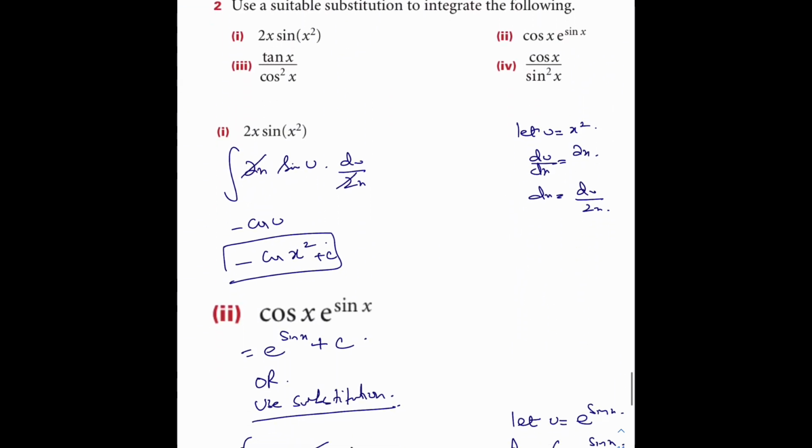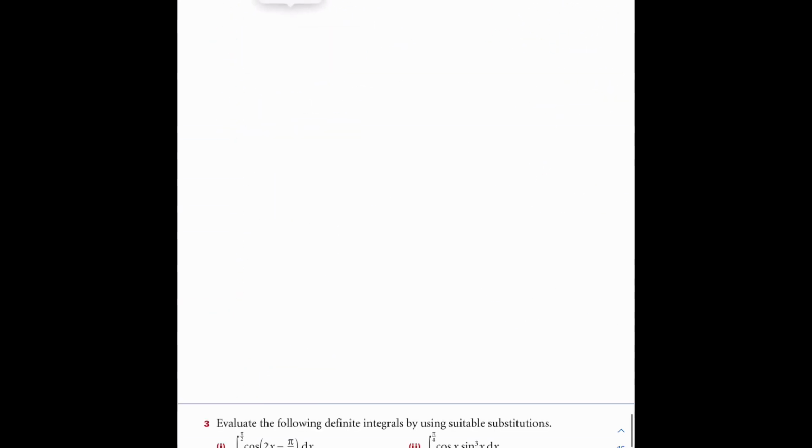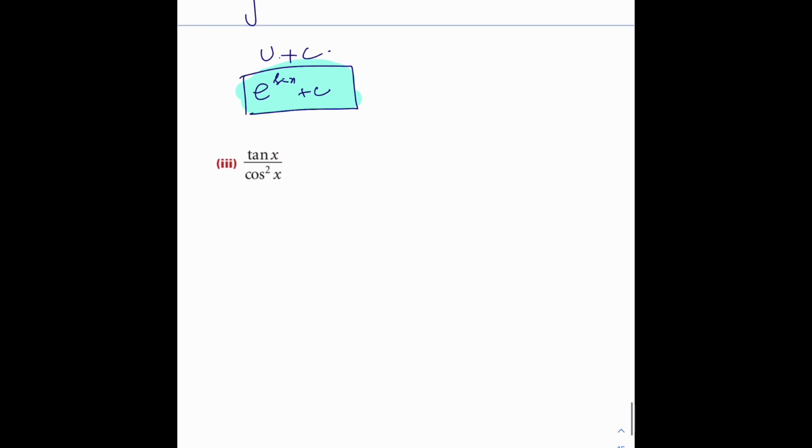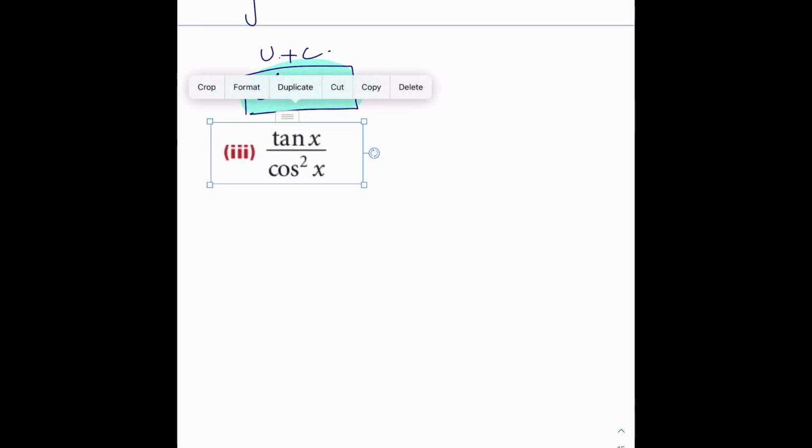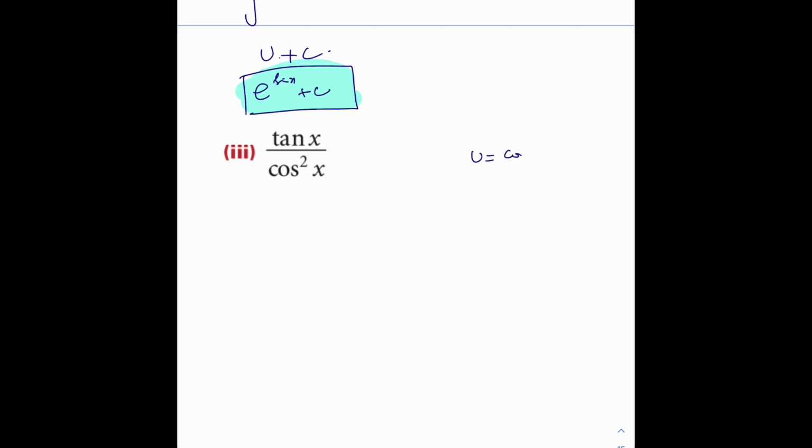Okay, let me do one out of these as well. I will take u equals cos x. du upon dx is going to be negative sin x. dx is going to be du upon negative sin x.